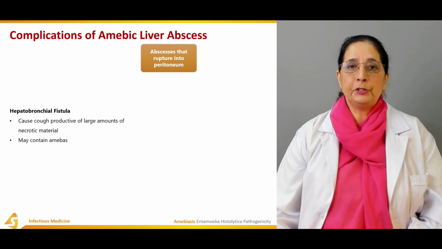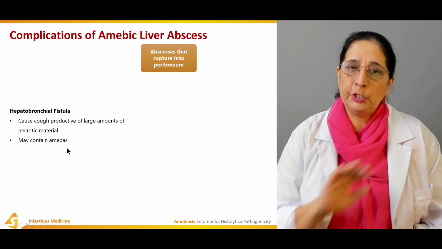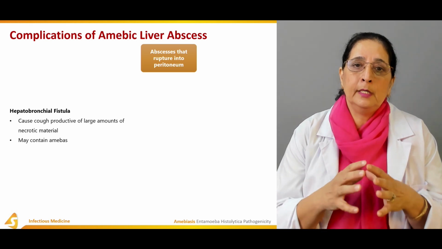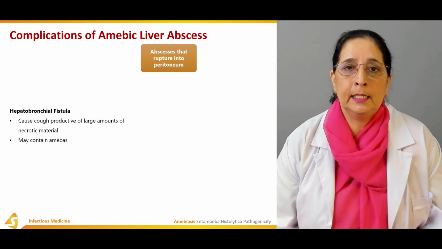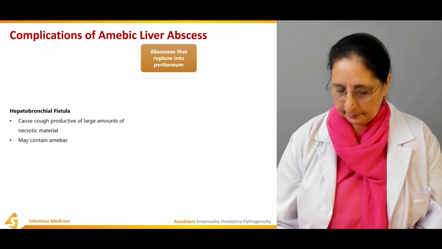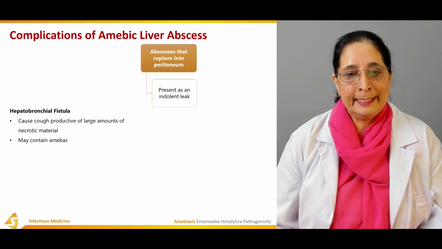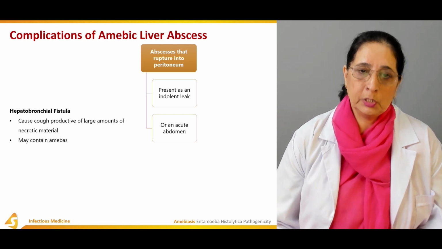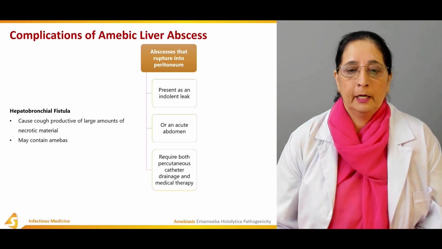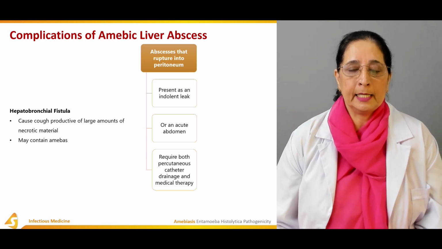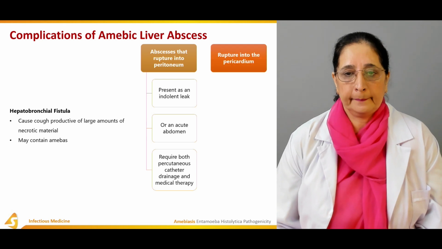Abscesses may rupture into the peritoneum. The peritoneum is the lining of the abdomen, and abdominal structures are present in the peritoneal covering. This presents as an indolent leak or an acute abdomen and requires both percutaneous catheter drainage and medical therapy.